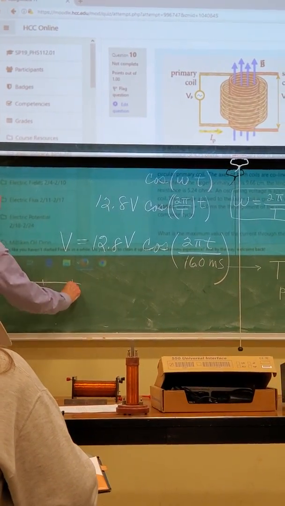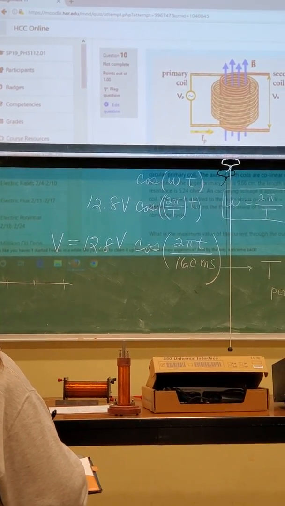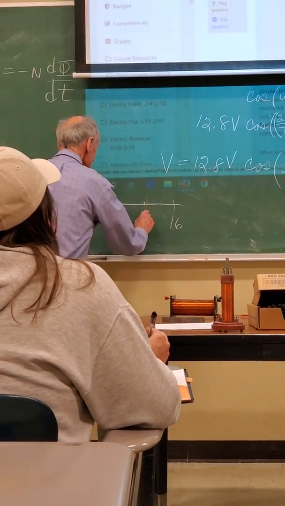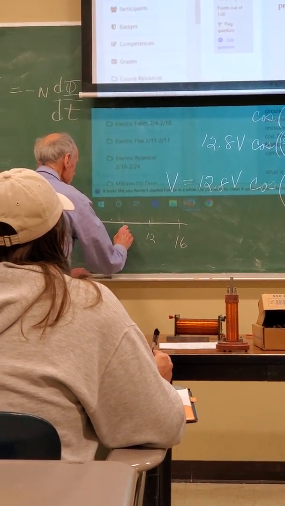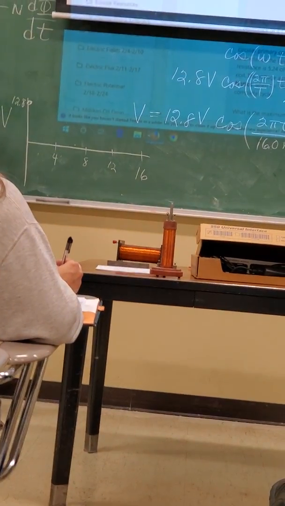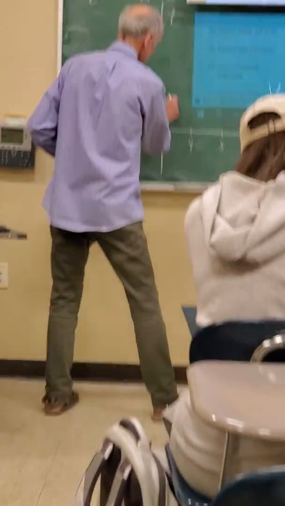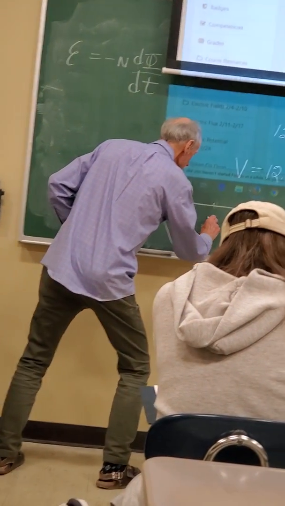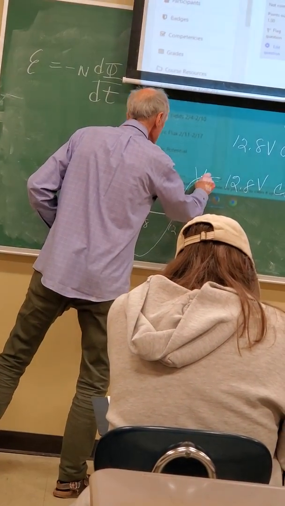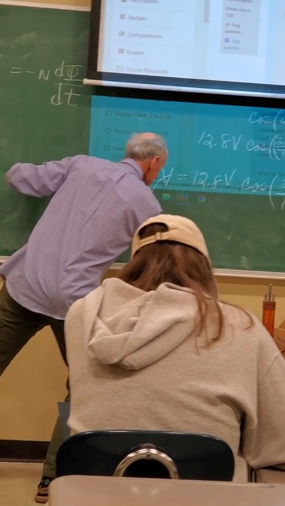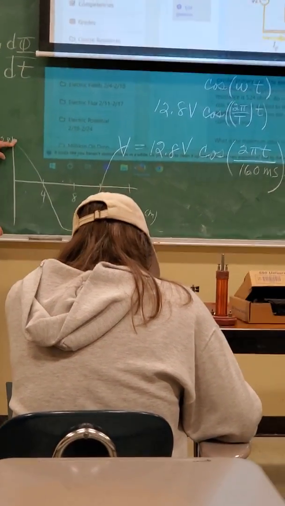If I were to graph this, I would divide the period into 4 parts. So this would be 16, 12, 8, and 4, and it would repeat itself every 16 milliseconds. It would end up back at 12.8 after 16 milliseconds.